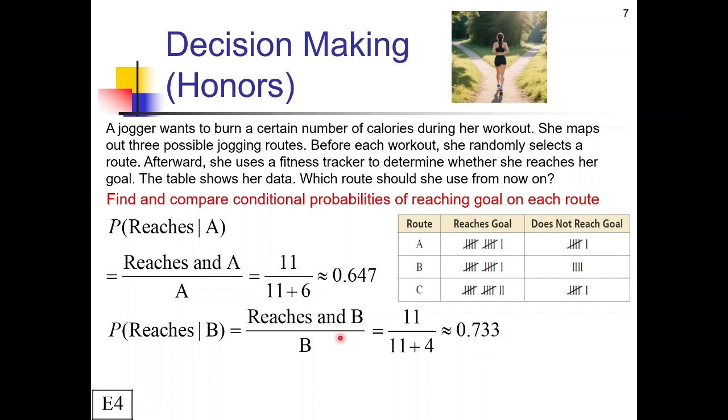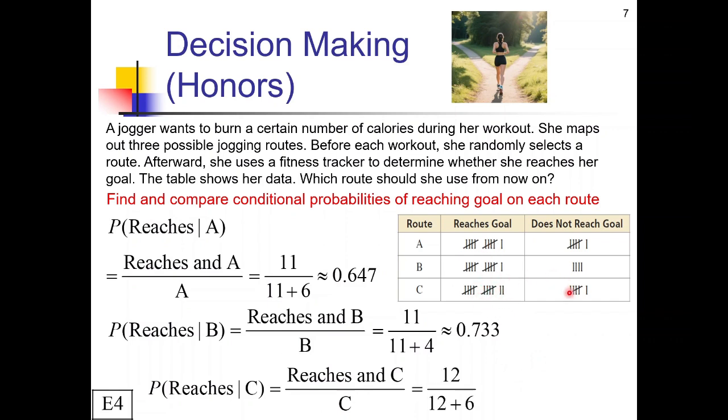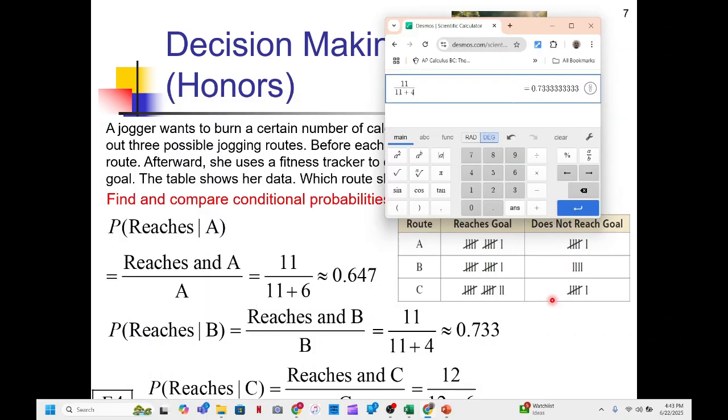And now let's take a look at probability of reaching given that we're doing route C. So that's reaching and C divided by the number of C tally marks. So in this case, we've got 12, that's the most out of any of these, divided by 12 plus 6. And let's plug that in.